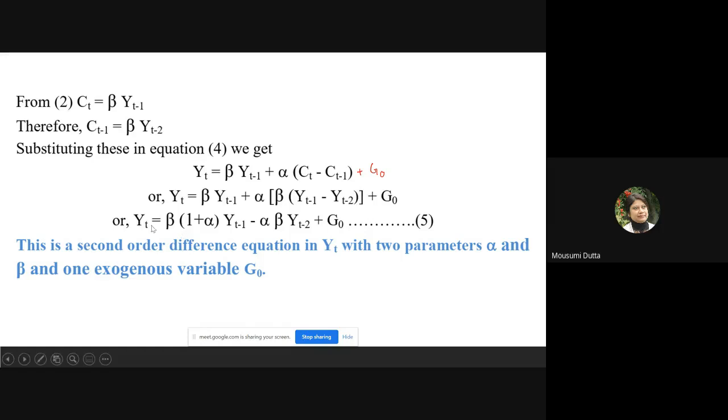Then I am keeping Yt as it is. Yt minus 1 I am taking common. Beta is also common between these two factors. So this can be written as beta into 1 plus alpha Yt minus 1 minus alpha beta Yt minus 2 plus g naught.